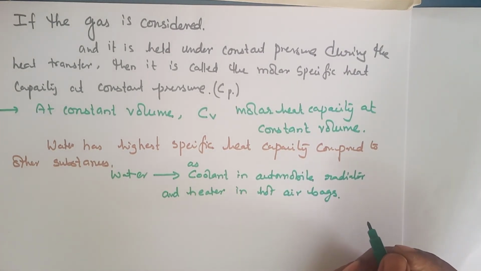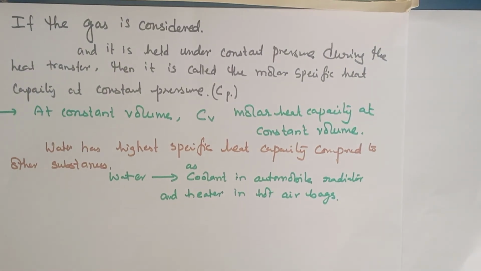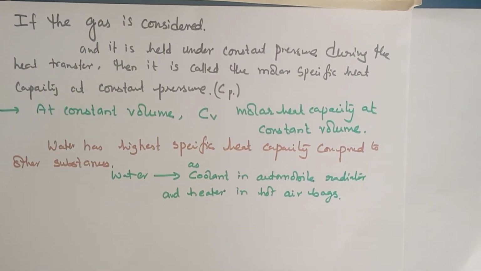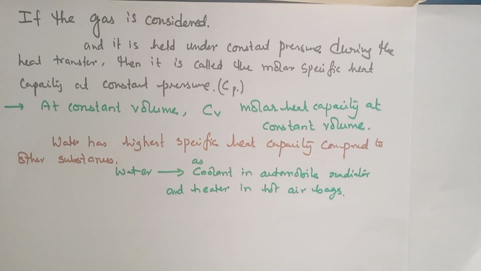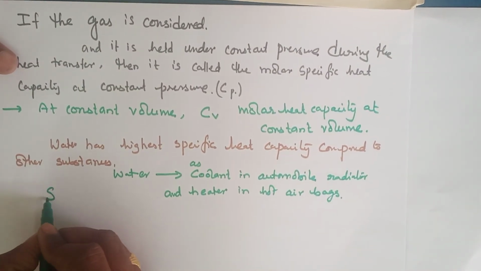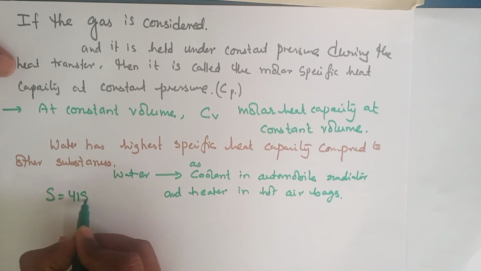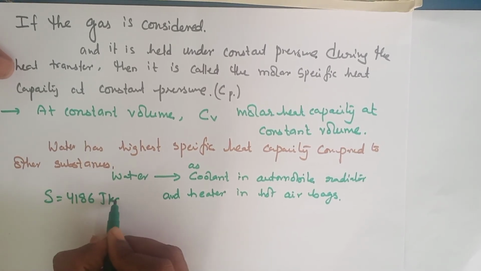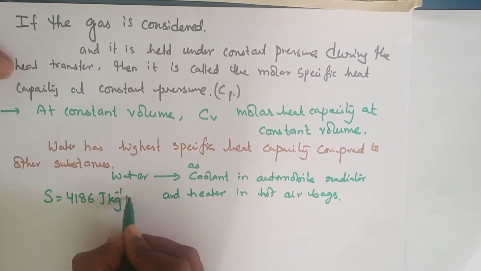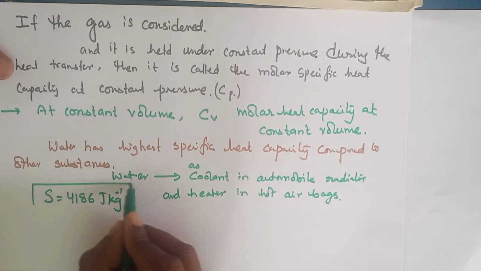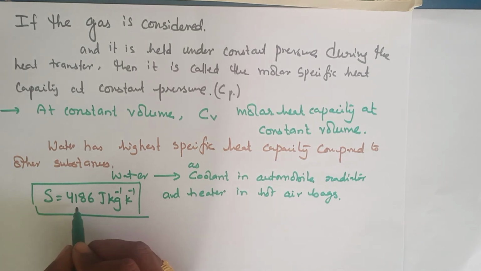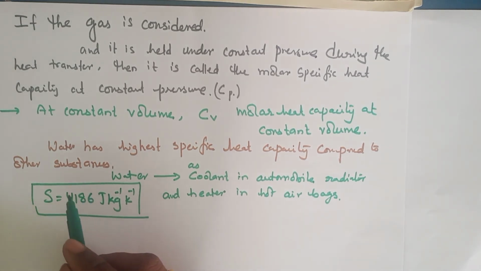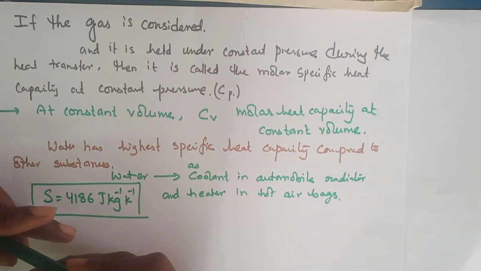Water's specific heat capacity is almost 4186 joule per kg per Kelvin, approximately 4200 sometimes.